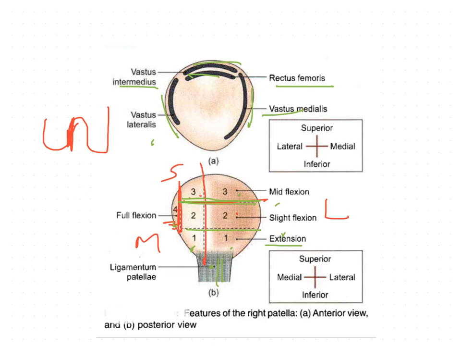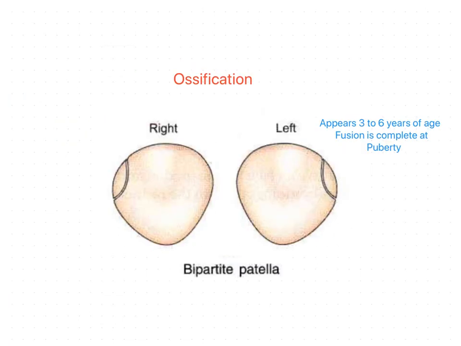Now we will see the ossification. So the ossification of this patella will have several centers which appear during 3 to 6 years of age, and the fusion is complete at puberty.